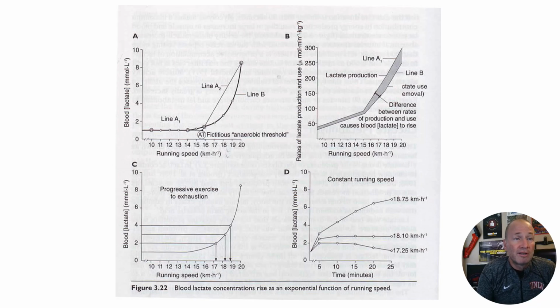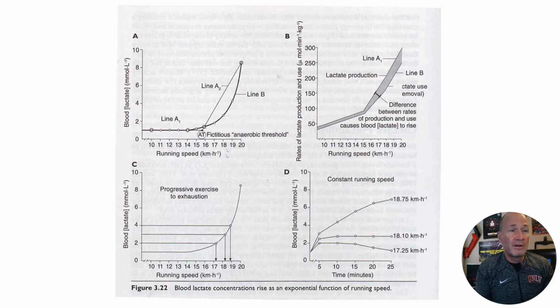And so really the amount of blood lactate that we measure through a finger prick or an earlobe prick or what have you is the difference between these two lines. And you can see that the difference between these two lines is constant. These two lines are parallel to each other. The amount of lactate being produced is the same as the amount of lactate being buffered or reused. The anaerobic system is increasing in activity during this phase of the graded exercise test.